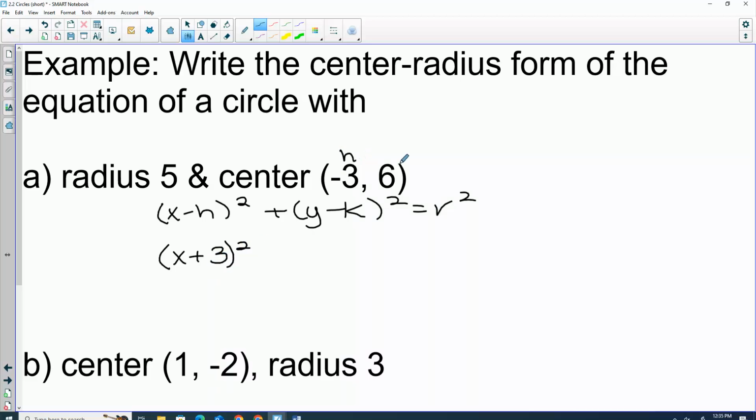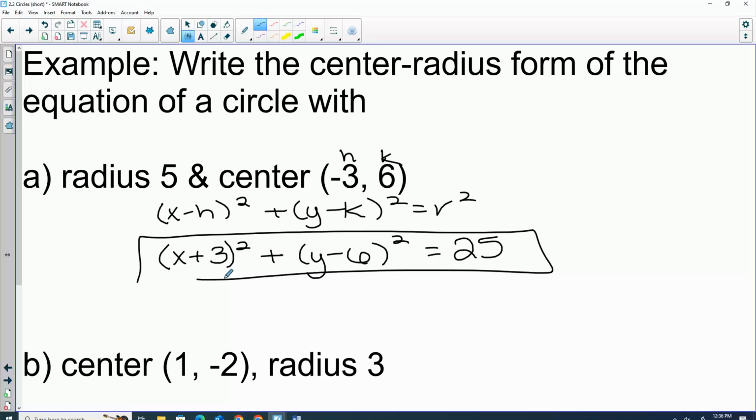In this ordered pair, h is the x value, k is the y value. So (x plus 3) squared, equals r squared would be 25. You guys do B.